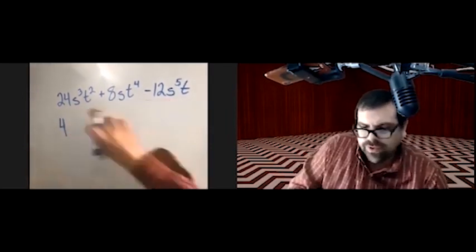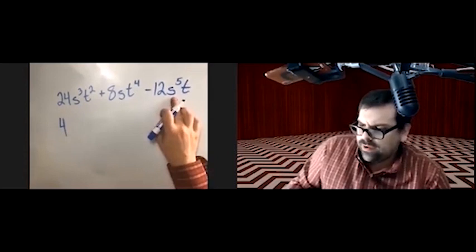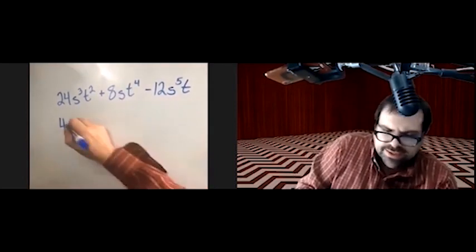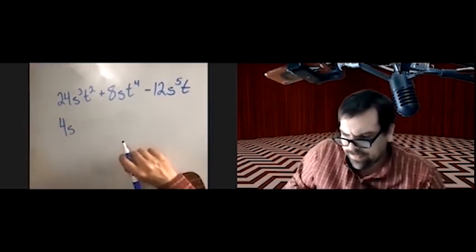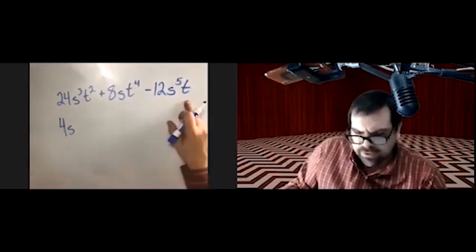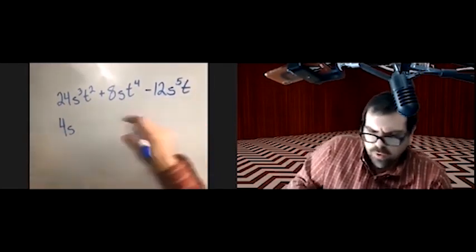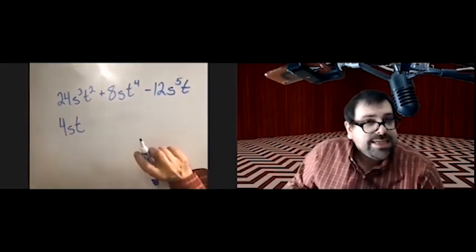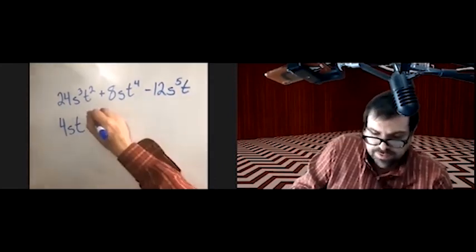S is in all three of these. The lowest power shown is s to the first. T is in all of these. The lowest power shown is t to the first.